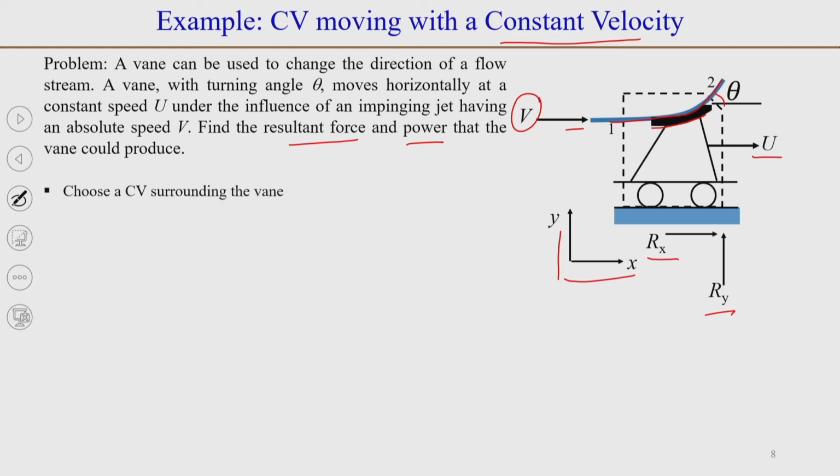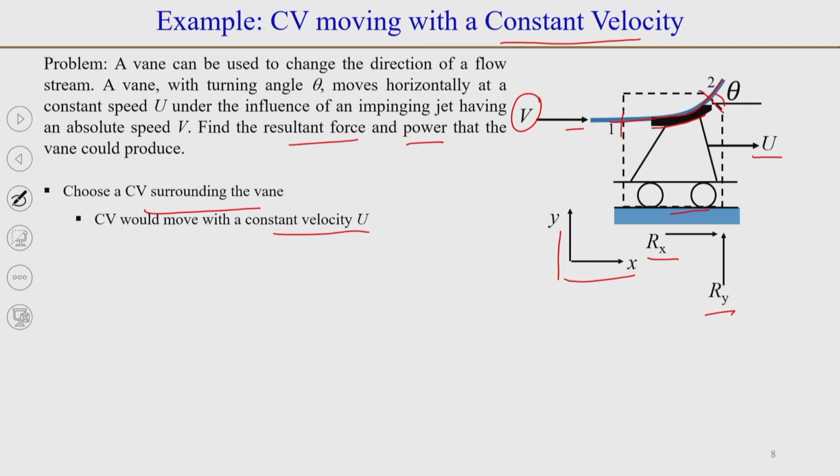The first thing we need to choose is a control volume. We choose the control volume in such a manner that the control surface at point 1 is normal to the jet and the control surface at point 2 is normal to the jet, and that may make our life a bit easier. We also assume that the control volume moves with a constant velocity u, because the vane moves with the velocity u.